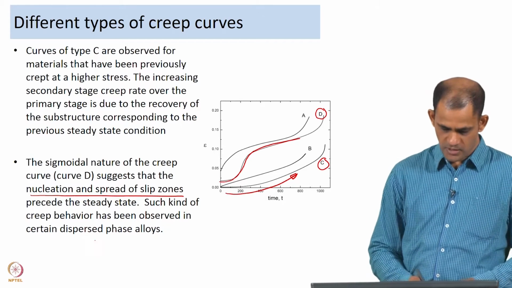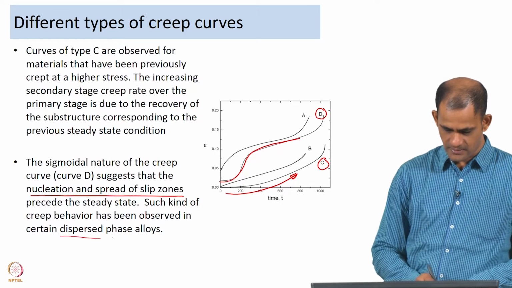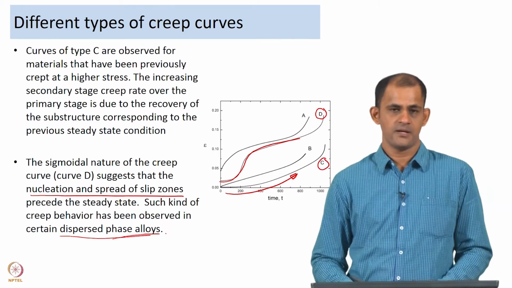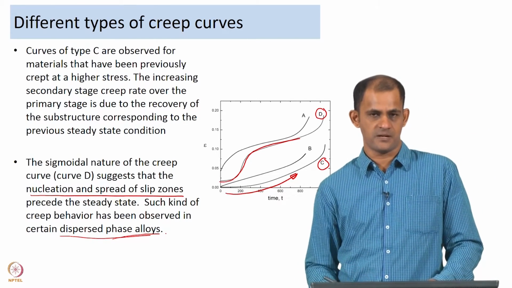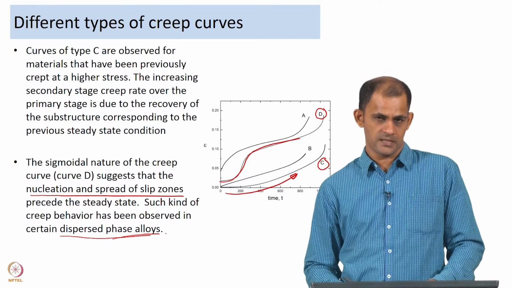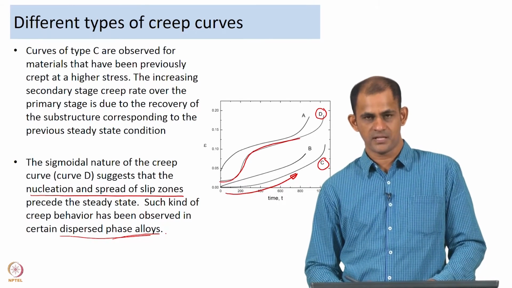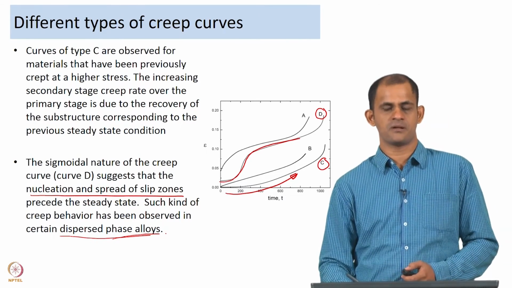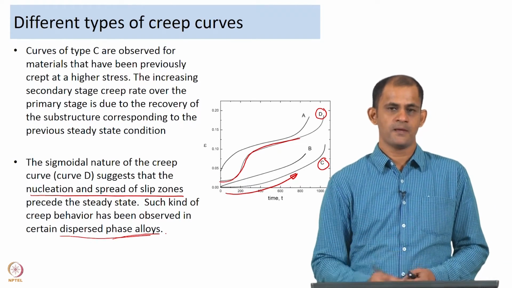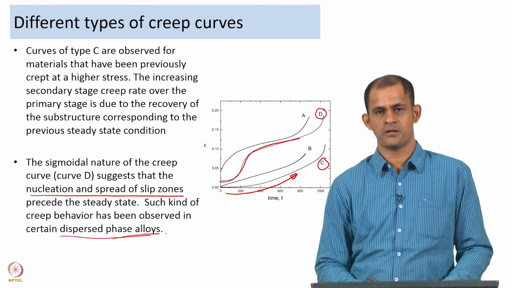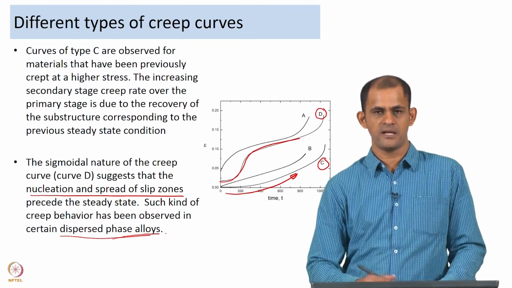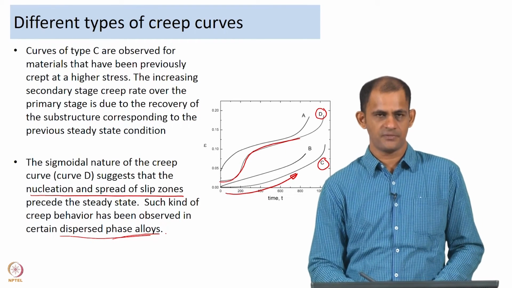The alloys which demonstrate this kind of creep curve are certain types of dispersed phase alloys. So, if you have a dispersion of a phase in a certain material, then you might come across such types of creep curves. These are broadly the different types of creep curves that one may encounter, and what I have outlined are the possible reasons behind the observation of these types of creep curves.